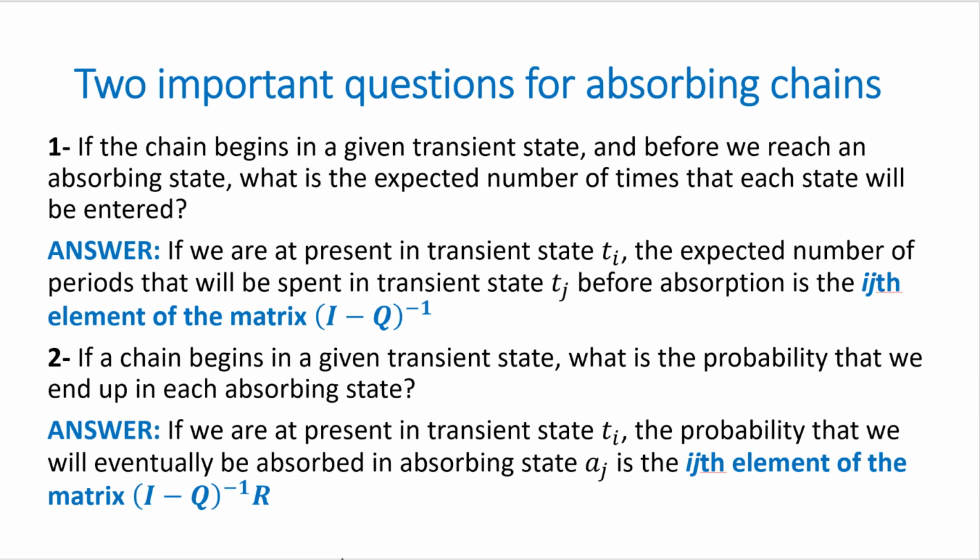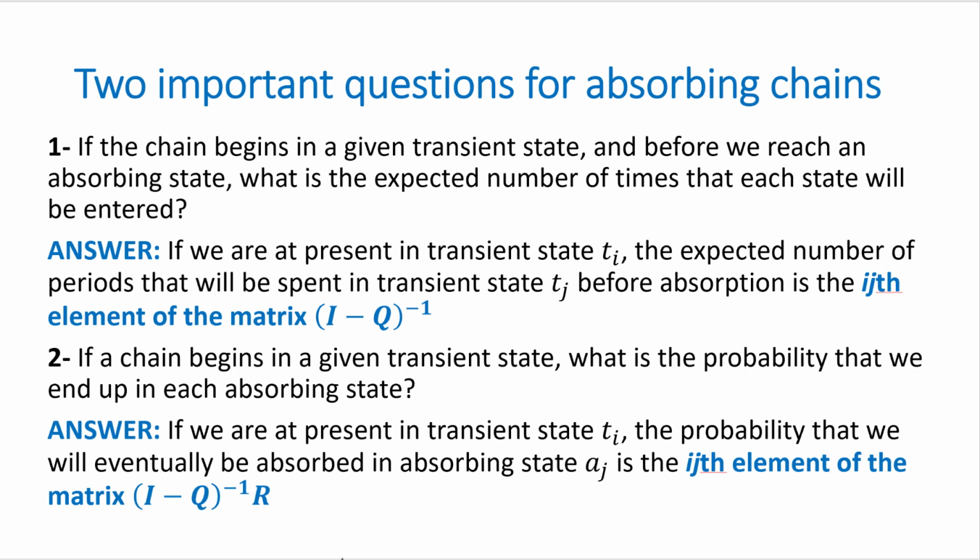Two important questions for absorbing chains. One, if the chain begins in a given transient state, for example, if an employee begins as a junior, or if an account is right now, this month, 2 months overdue, these are all transient.